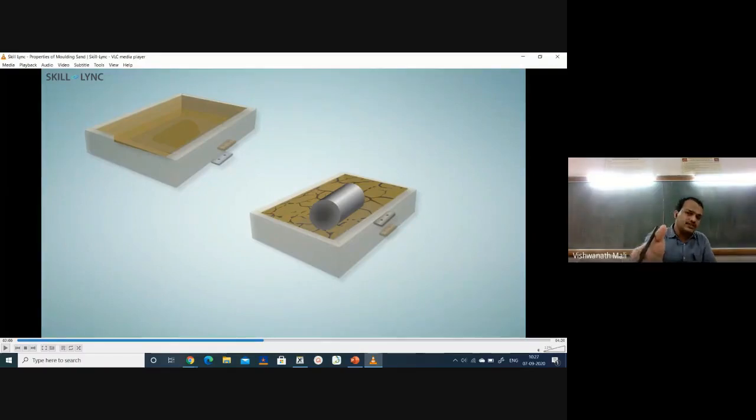So again we crush this sand and reuse it for a particular time, but we reuse it at the backing side, not the facing side, if you remember the last lecture. After some time we stop using this used sand.